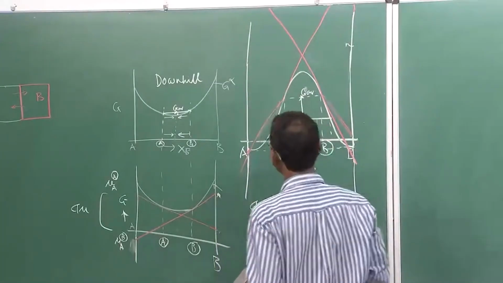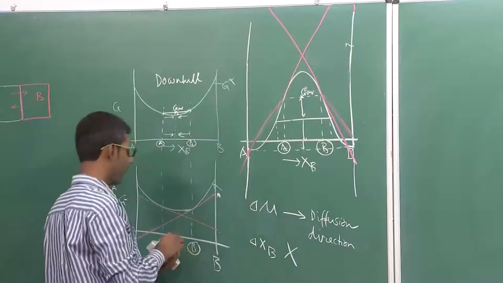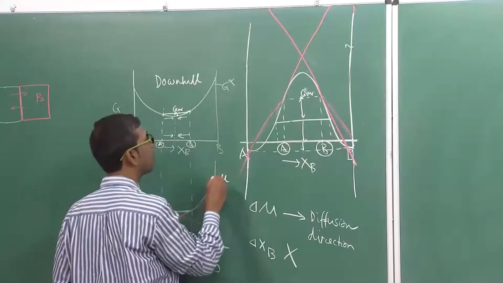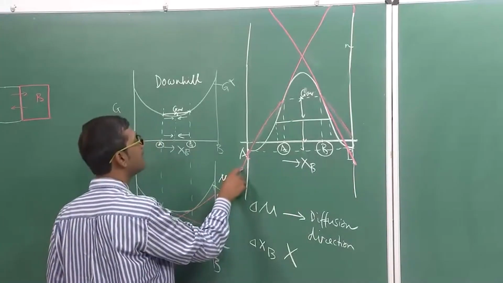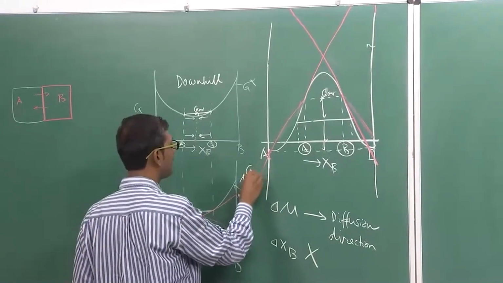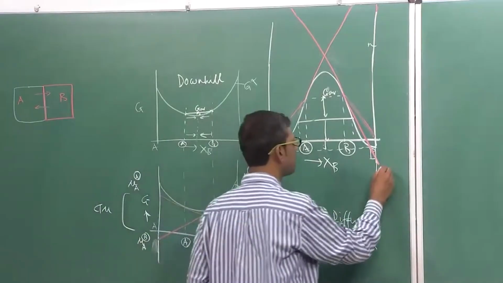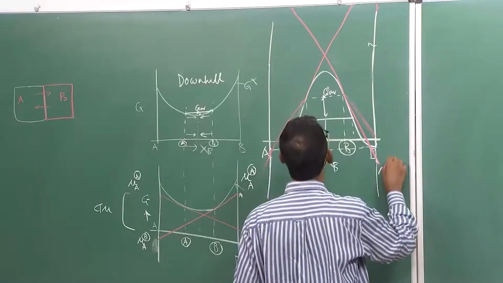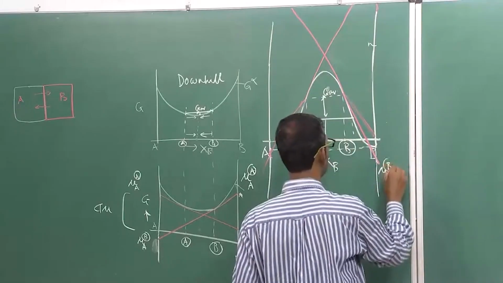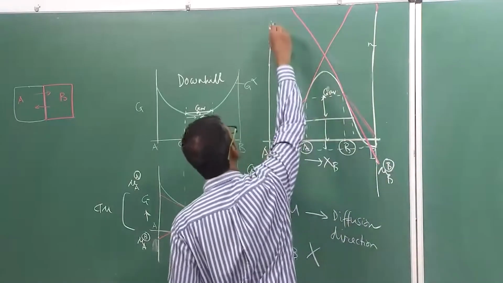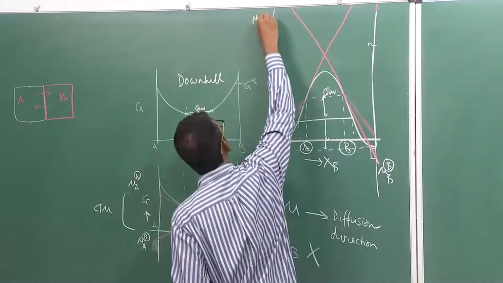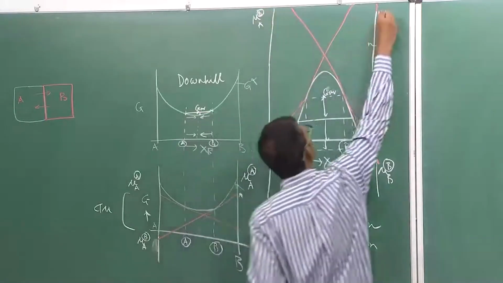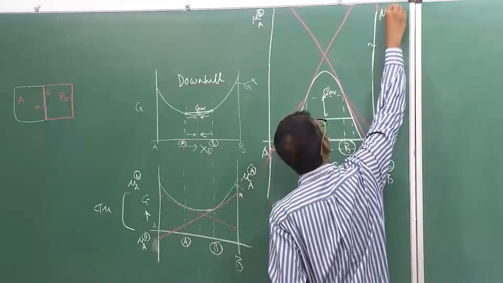You can clearly see this is the chemical potential of A in the alloy A, correct. This is the chemical potential of B in the alloy B. And where these meet, this will be the chemical potential of A in alloy B, and this is the chemical potential of B in the alloy A.